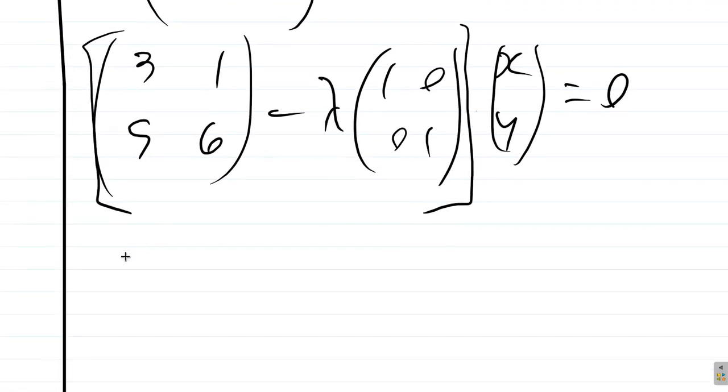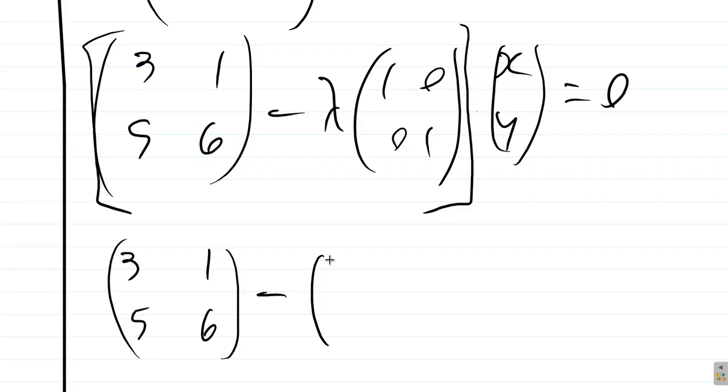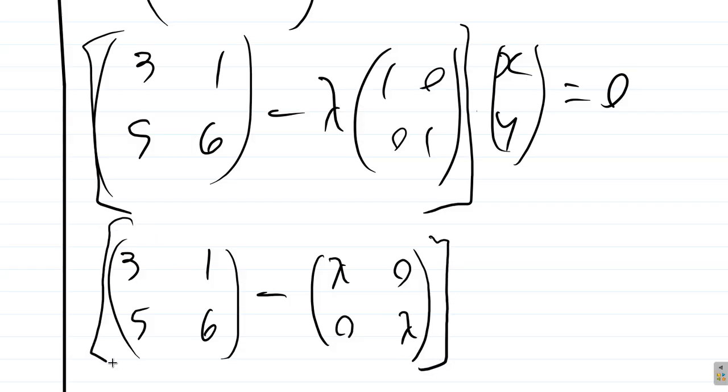So what we have is [3 1; 5 6] minus [lambda 0; 0 lambda], all of this times (x, y) equals 0. Alright?